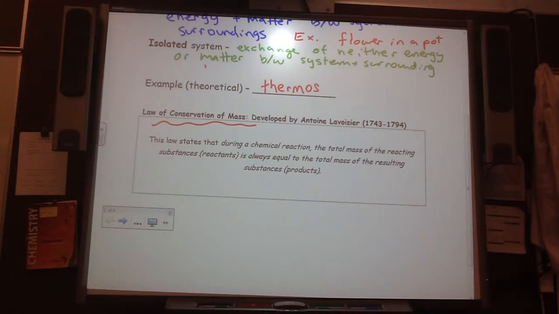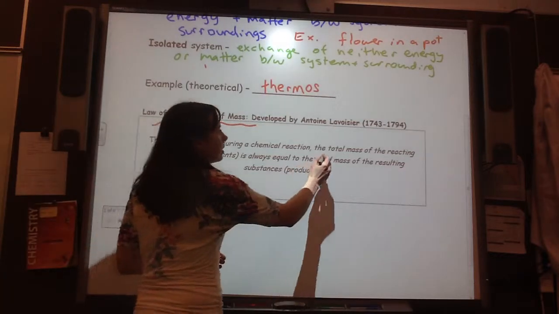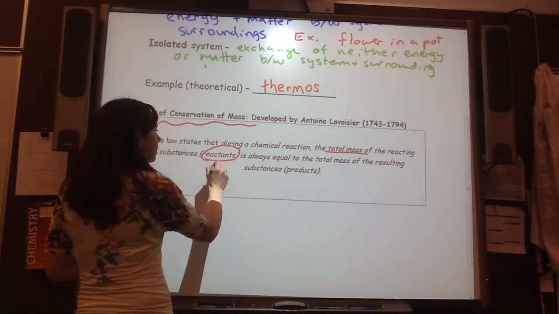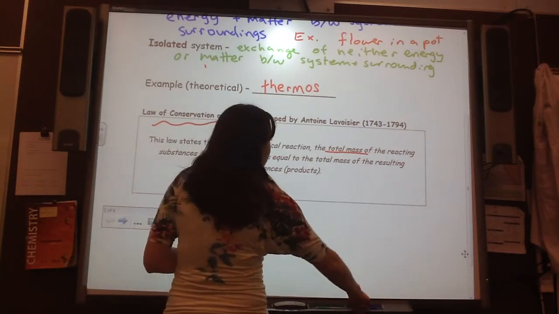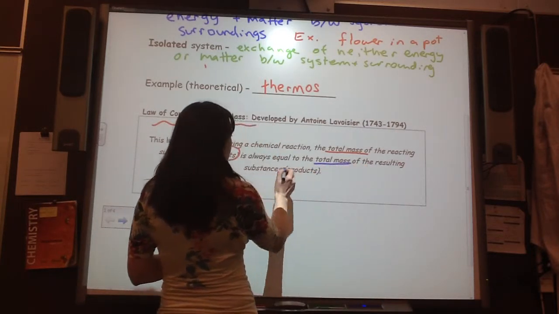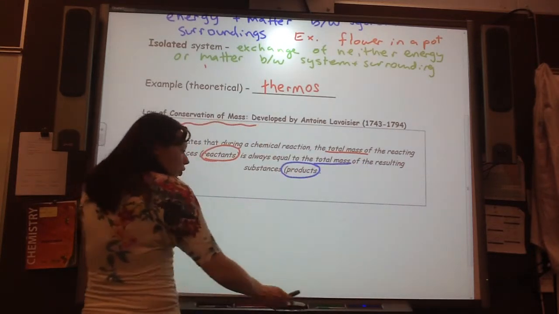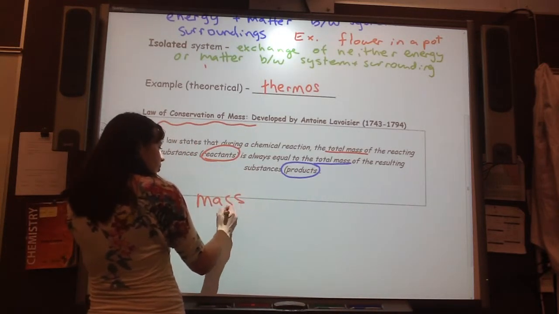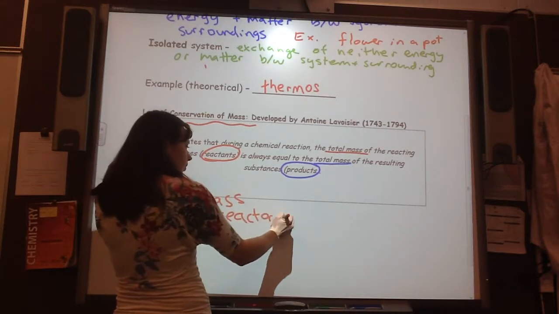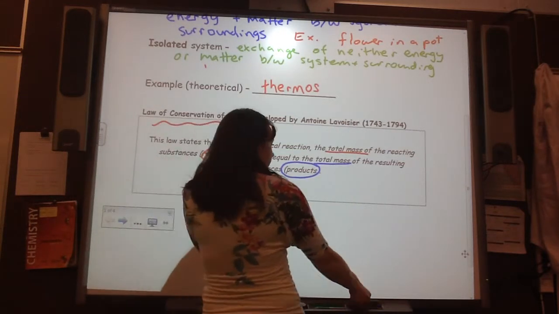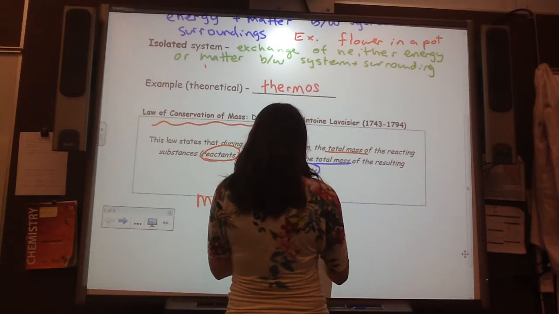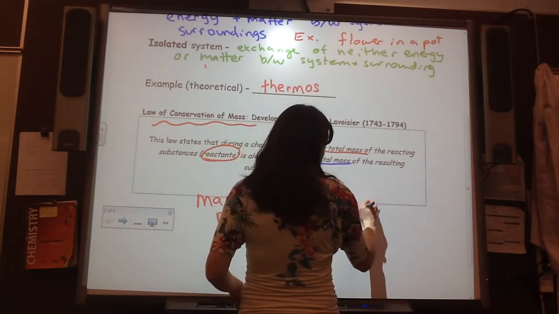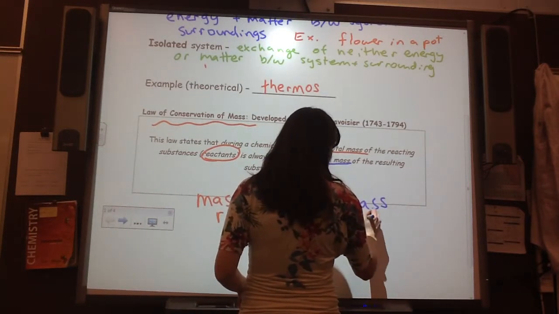Okay, so let's read it together. This law states that during a chemical reaction, the total mass of the reactants is always equal to the total mass of the products. So basically, the mass of the reactants needs to equal the mass of the products.